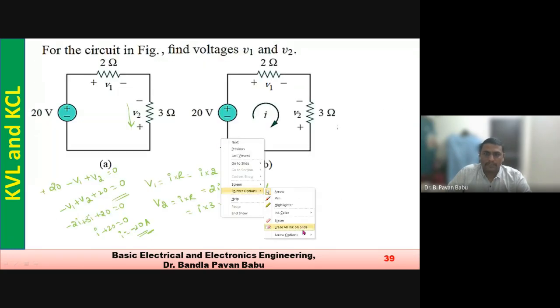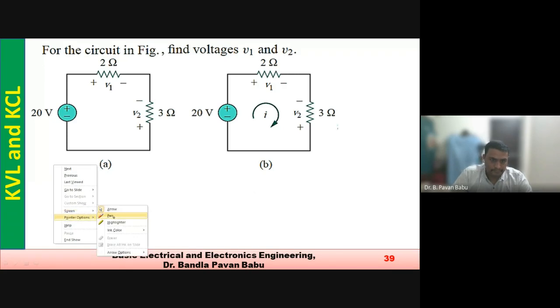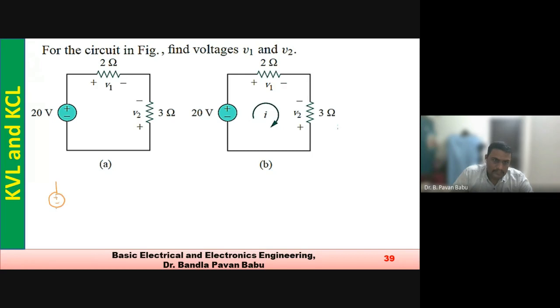So this is a 10 volts source. This is 2 ohms and this is 3 ohms and this is 4 ohms. So this is the circuit.